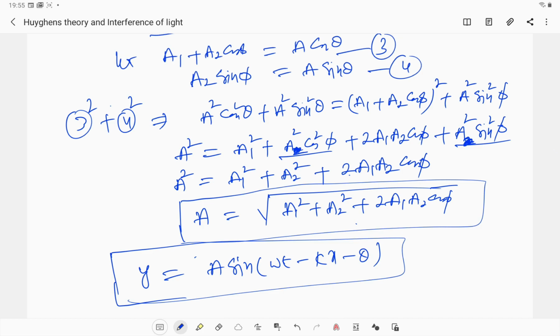When two harmonic waves are superimposed, this is the resultant equation, having amplitude A, the same frequency, and phase difference θ. Here A is the resultant amplitude. Therefore, the formula for resultant amplitude is the square root of a1² plus a2² plus 2a1a2 cos φ. Here φ is the phase difference between the two waves, y1 and y2.